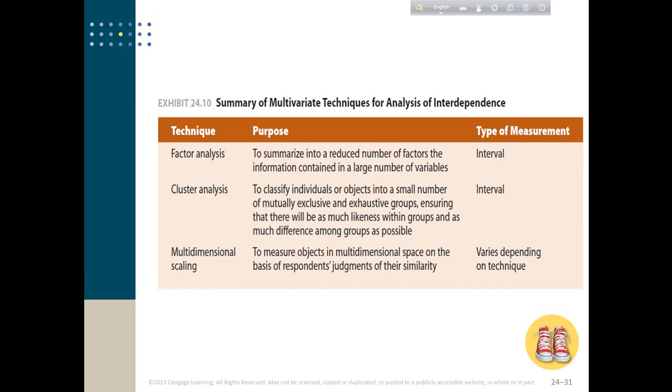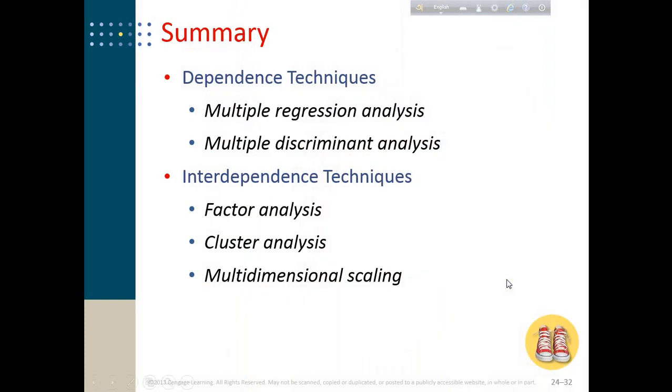Multidimensional scaling places objects in a multidimensional space based on the respondents' judgmental answers. The type of measurement scale is interval for factor and cluster, and varies depending on the technique for multidimensional scaling. In this chapter, we learned multiple regression and multiple discriminant analysis as the dependence techniques, and we also learned the interdependence techniques: factor analysis, cluster analysis, and multidimensional scaling. Thank you very much.